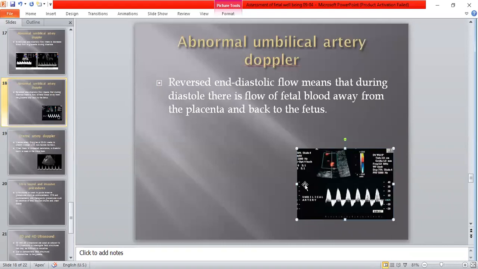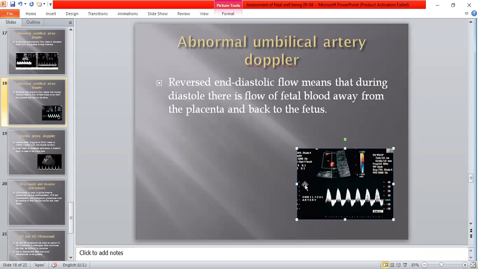An increased diastolic flow indicates that there is low resistance downstream and there is hyperperfusion. And decreased or absent diastolic flow means that there is high resistance blood flow and low perfusion. Normally, diastolic flow in the umbilical artery increases throughout gestation.